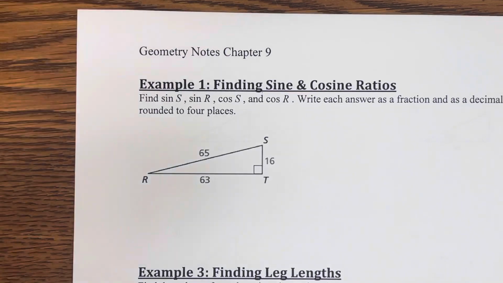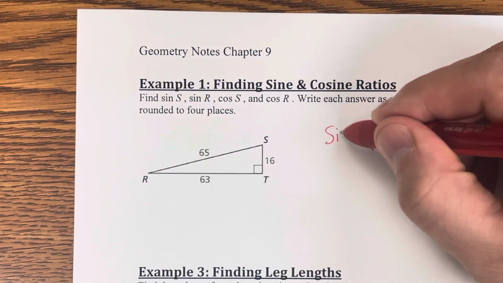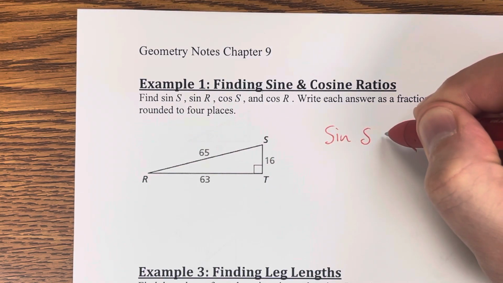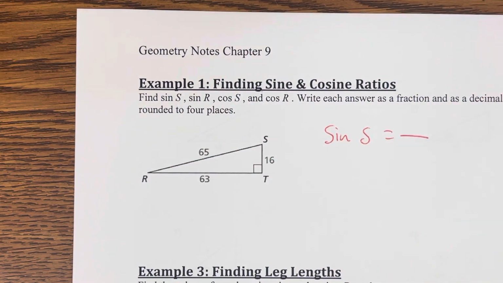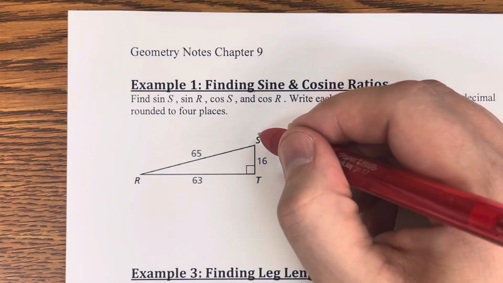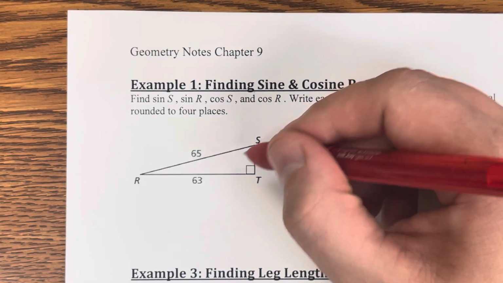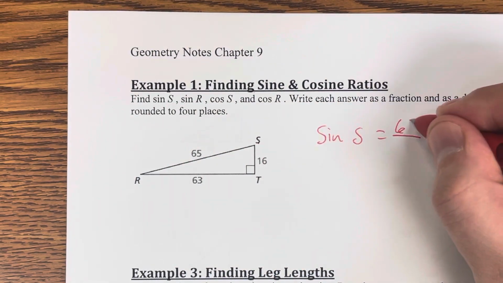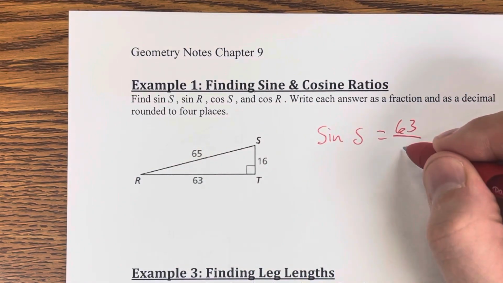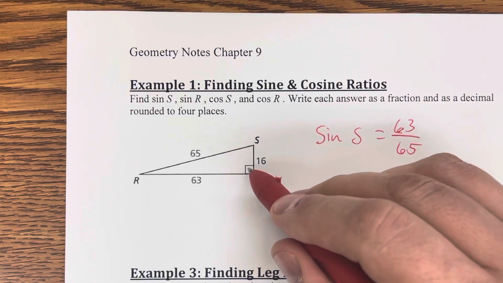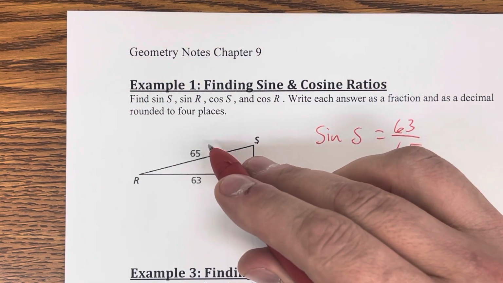So first example says find the sine of S. So sine of S equals. Now when I do sine, I have to remember sine is opposite over hypotenuse. So for here, S is here, so opposite is 63, and the hypotenuse is 65. Keep in mind, the hypotenuse is always opposite the right angle.